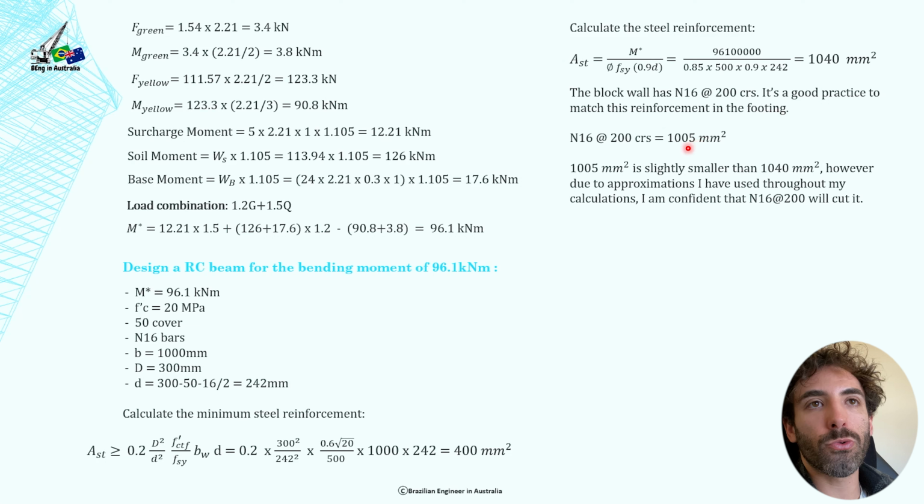So we're going to use N16 at 200 centers in the footing as well, which gives us an area of steel of 1005 millimeters square, which is slightly smaller than 1040 millimeters square. However, due to approximations I have used throughout my calculations, I'm confident that N16 at 200 will cut it.